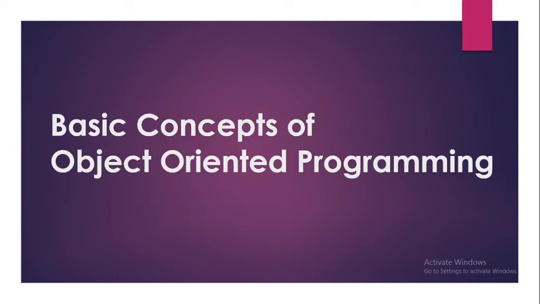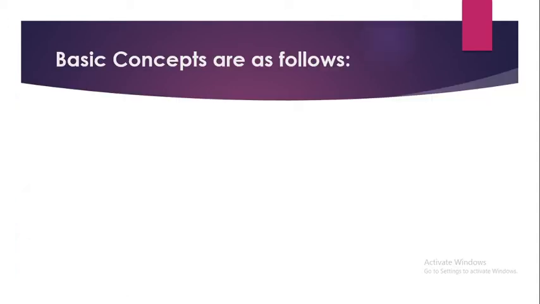Today we will see basic concepts of object-oriented programming. These are the concepts which are commonly used by all languages which support object-oriented programming, languages like C++, Java, VB.NET, C#.NET and many more.